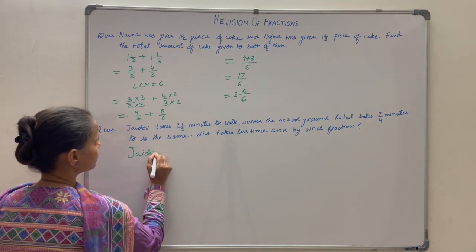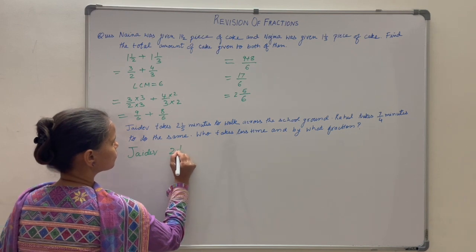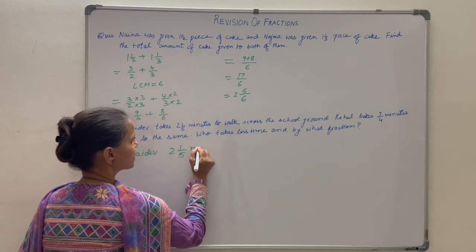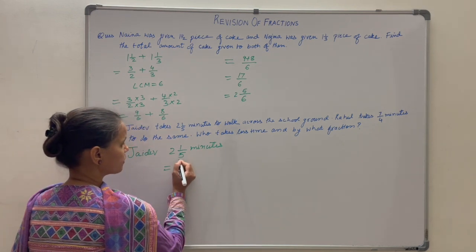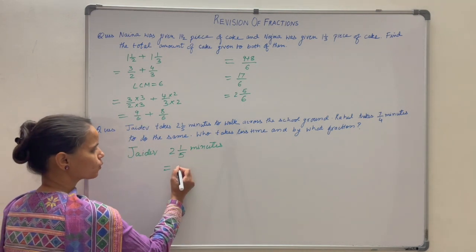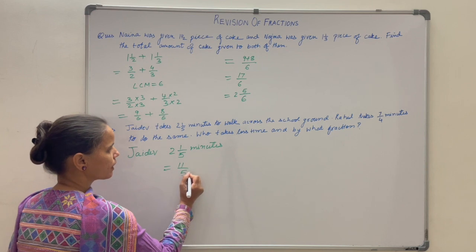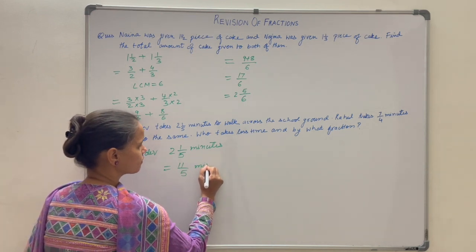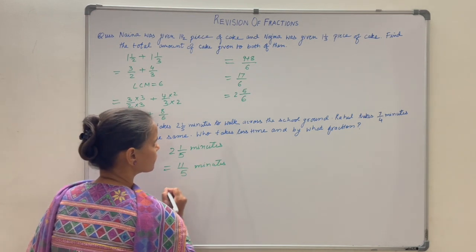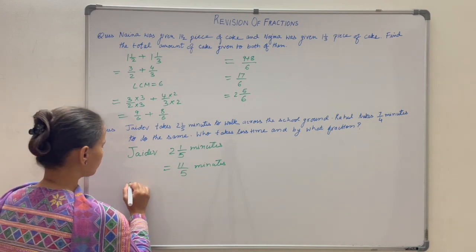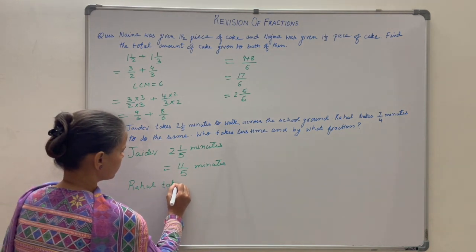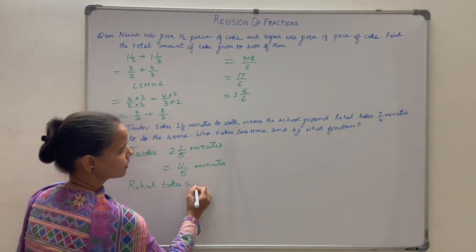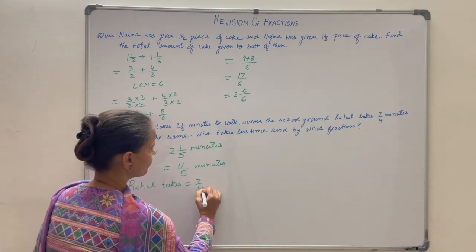So Jaydev takes 1 1 by 5 minutes. In improper fraction, 5 times 2 is 10 plus 1, 11. He takes 11 by 5 minutes. And Rahul takes 7 by 4 minutes.